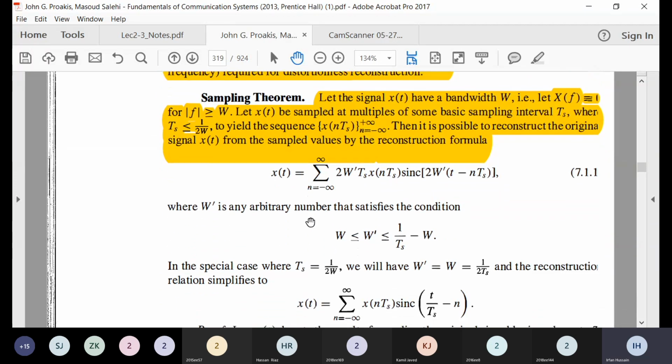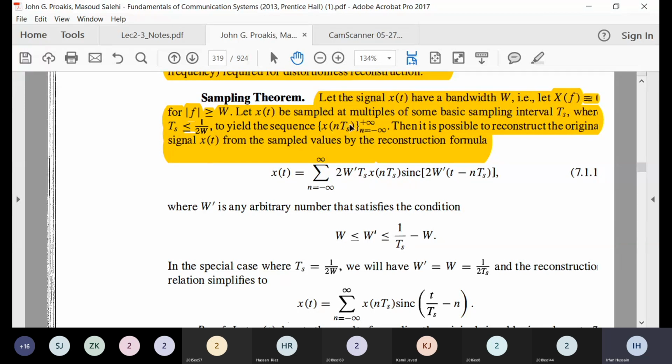Now let us see the sampling theorem with its full mathematical representation. Again, we have a signal x(t), and assuming that its bandwidth is W, it is 0 for all frequencies equal to or greater than W, which is a band-limited signal up to W. We sample the signal at Ts, where Ts, as we have just seen, has to be less than or equal to 1 over 2W, or fs has to be greater than or equal to 2W.